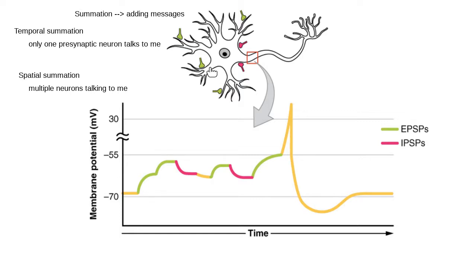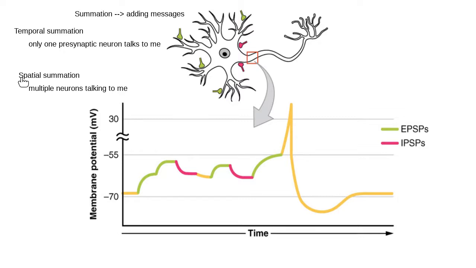So some of my dendrites are receiving positive messages, some of my dendrites are receiving negative messages. Spatial summation is when I take the messages that I receive from a bunch of different neurons that are talking to me at a bunch of different places on my cell body, and I add them together to figure out whether or not I should be talking to my neighbor.